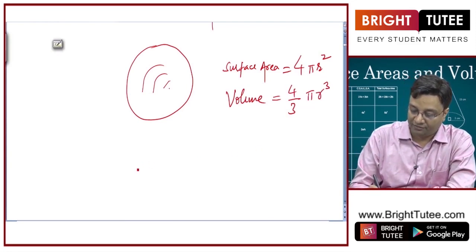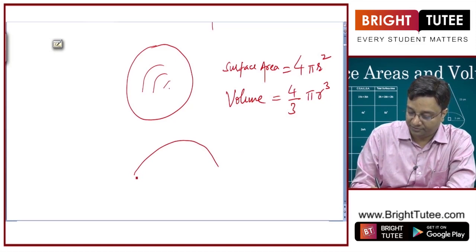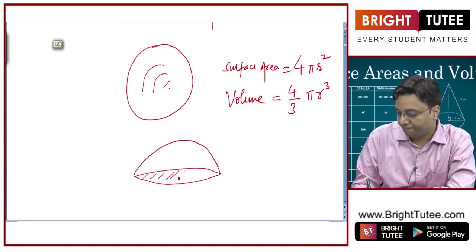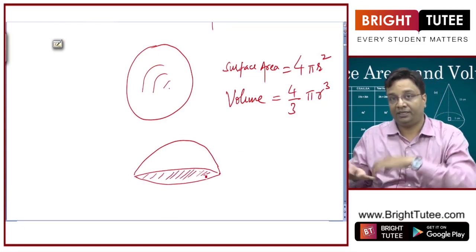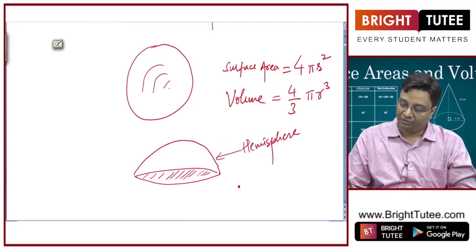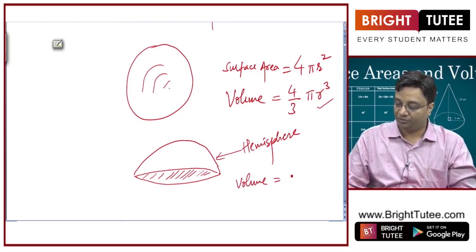And if you take half of this solid sphere, if you cut it into half, then there will be a circular shape on the bottom of this, and this is known as hemisphere. What will be the volume? It will be exactly the half of this volume, right? So 2/3 pi r cubed.